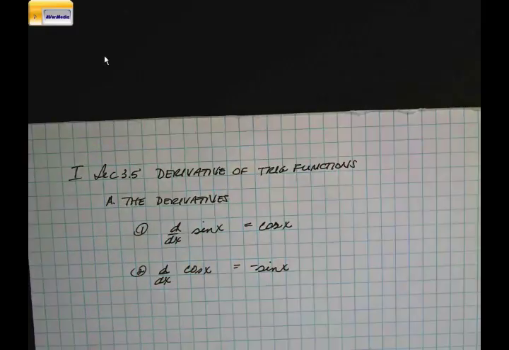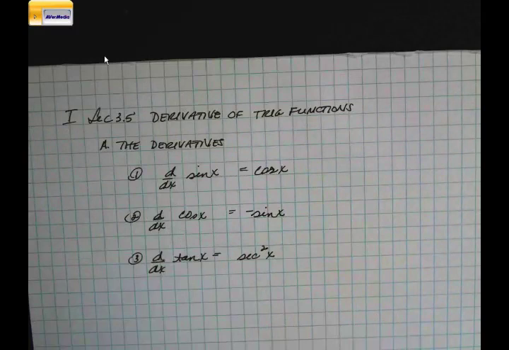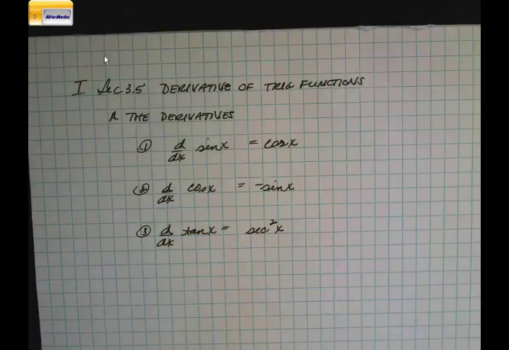Okay, so the derivative of the cosine is a negative sine function. The derivative of the tangent function is secant squared x. The derivative of tan x is secant squared x. And those three you will use over and over again.